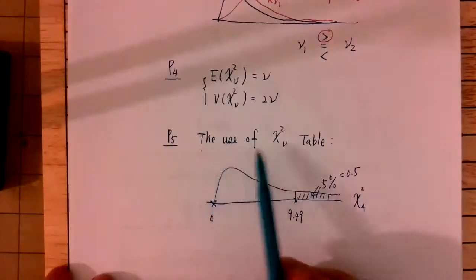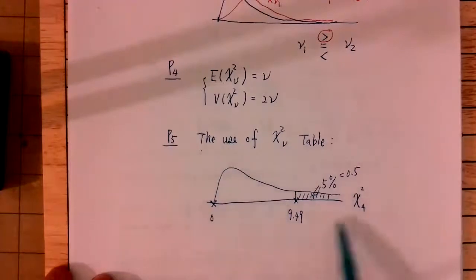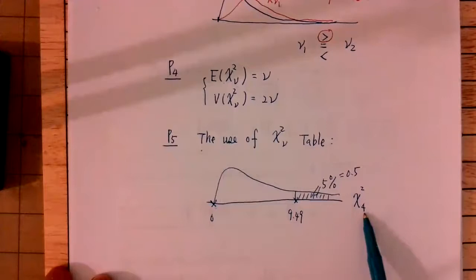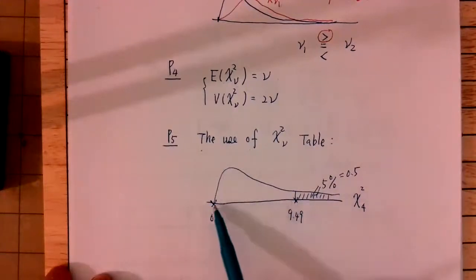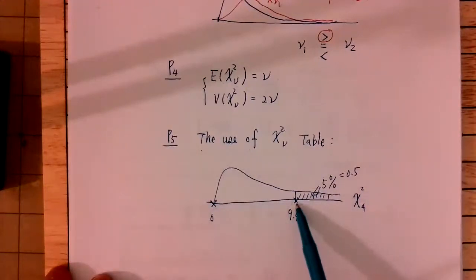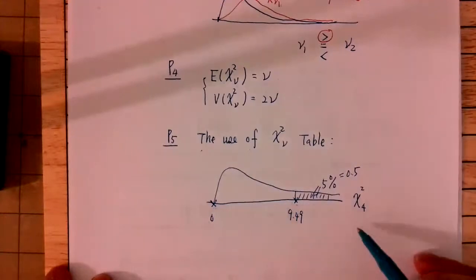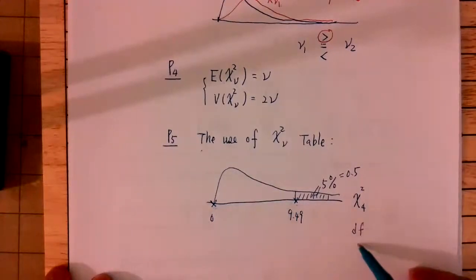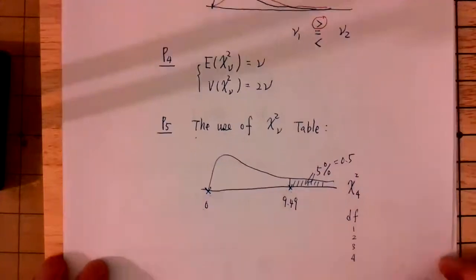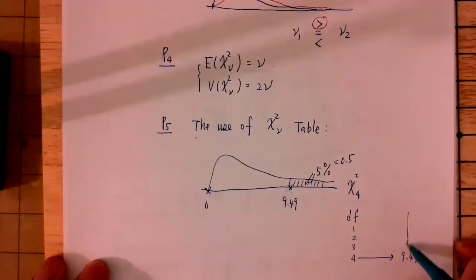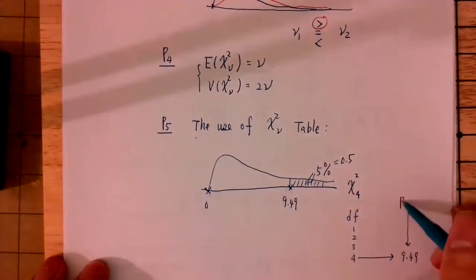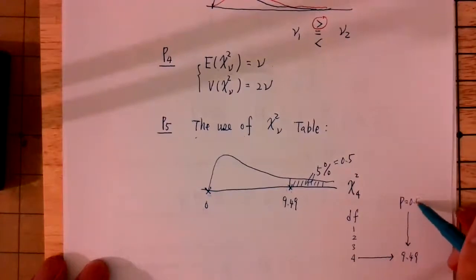Okay, the use of chi-square table. This is the chi-square distribution with 4 degrees of freedom, and it begins from 0. We just check the table, right? Degree of freedom, from 1, 2, 3, 4. And then we move horizontally. We see 9.49. Why do we stop here? Because the corresponding upper tail is 0.05.